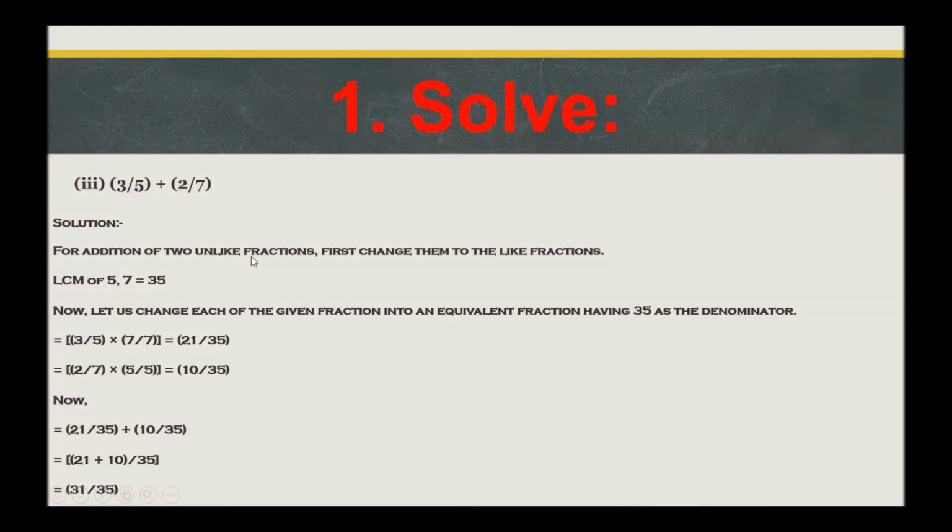Third one. For addition of two unlike fractions, first change them to like fractions. Here the two denominators are different. So we will find the LCM of 5 and 7, that is 35. Now we will make the fractions equal. So 3 upon 5 into 7 upon 7, because the LCM is 35, so we have to make the denominator 35.